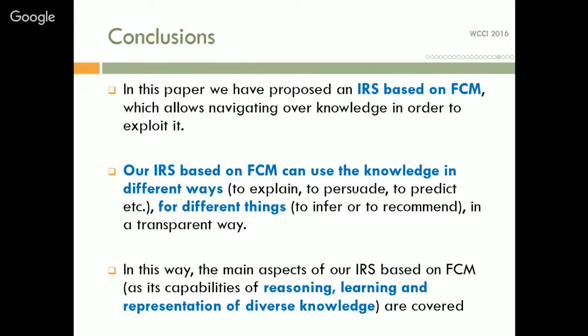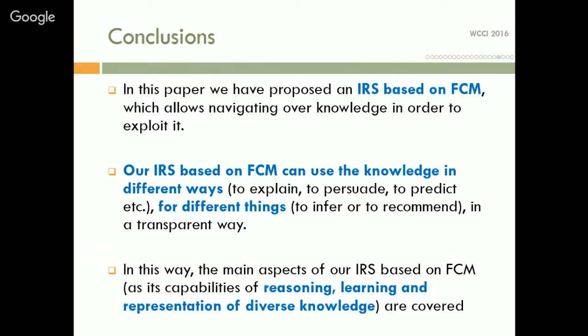That is the main point: we have a lot of knowledge that we can explore in different ways. And the fuzzy cognitive map can have, during the implementation of a recommender system, the three main capabilities of an intelligent recommender system: we can include the reasoning mechanism, the learning algorithm, and a very good and detailed representation of the knowledge of the specific domain.